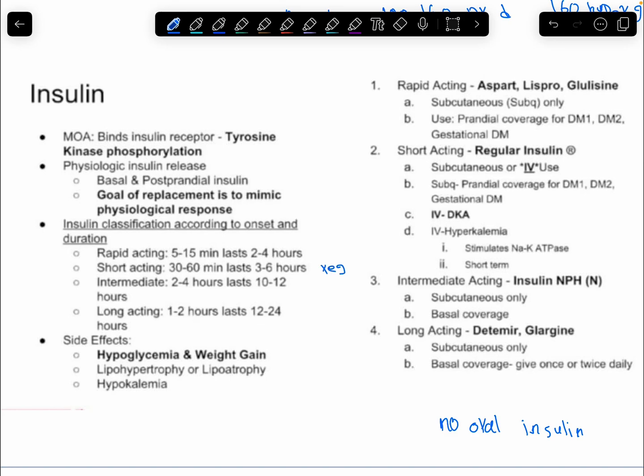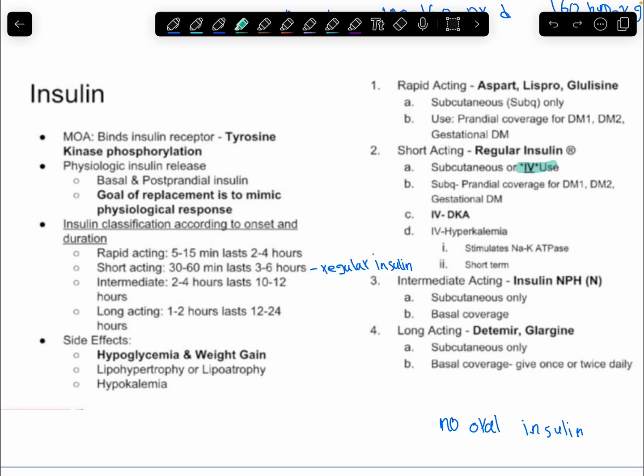Subcutaneous, but it can also be used IV. So if you get a question on your exam, which of the following insulins can also be used by IV route? Short acting, regular insulin. Okay? No other insulin is taken by IV route.